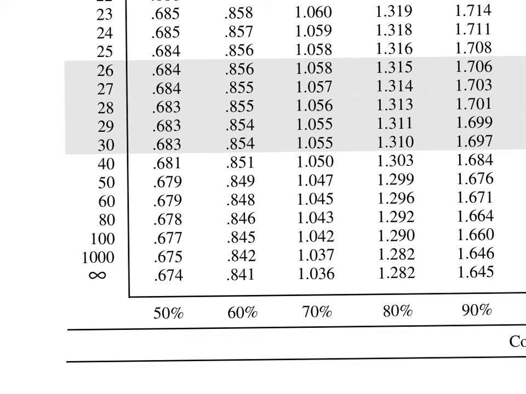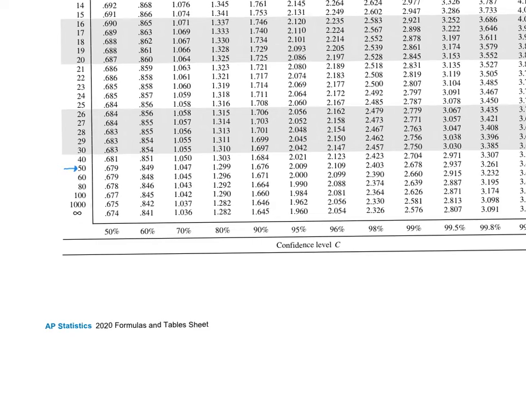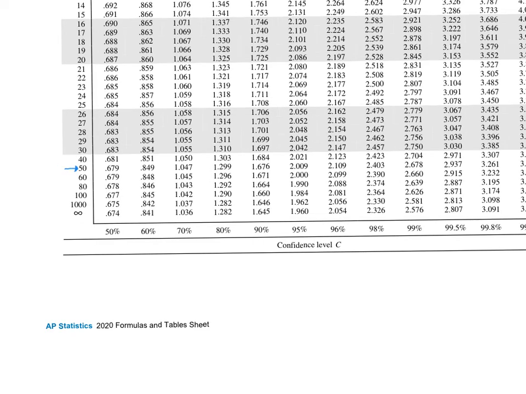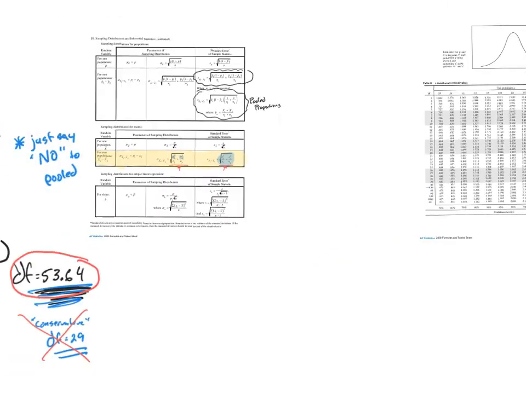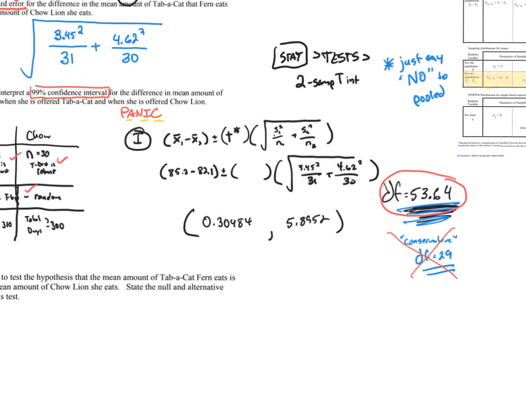You don't find it. What's our rule of thumb? Use the more conservative one, the one that came just before it, so 50. We slide across until we're at 99%. 99% is over here. Slide across, and there it is, 2.678. That's the figure we're going to put in here.